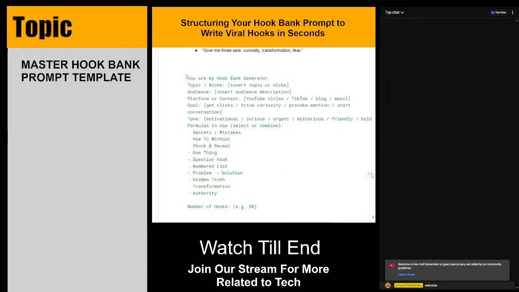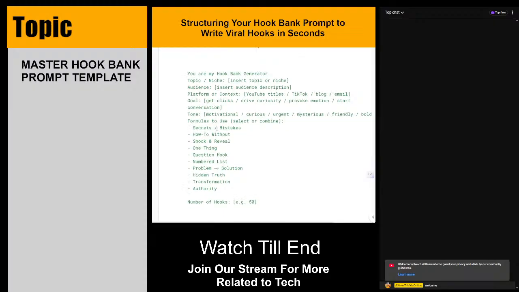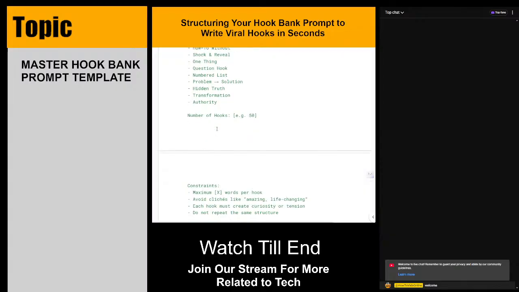Here's the whole prompt in which we say you are my hook bank generator. Then we give the topic, audience, platform, goal, and then we can give the tone. Here we give the formula that should be applied in the hook. Then here we can define the number of hooks we want.